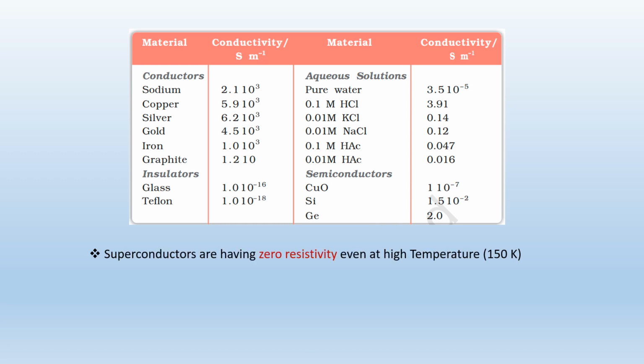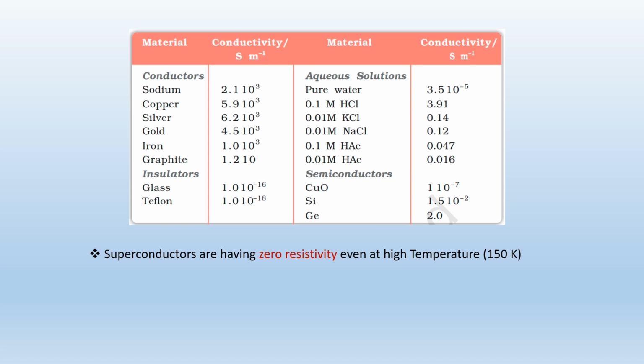The conductivity of materials is of three types. One is the conductor, the second is the insulator, the third is the semiconductor. The conductors have higher values, around 10 power 3, whereas the insulators are expressed in 10 power of minus 16. The semiconductors have conductivity values between the conductors and the insulators. And there is a special category, that is superconductors.